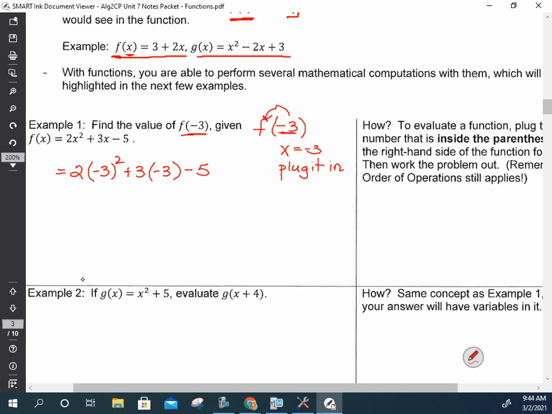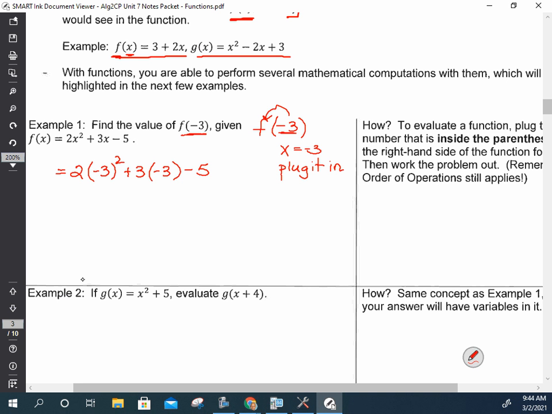Any questions before we continue? Good? So now we work the problem out using order of operations.